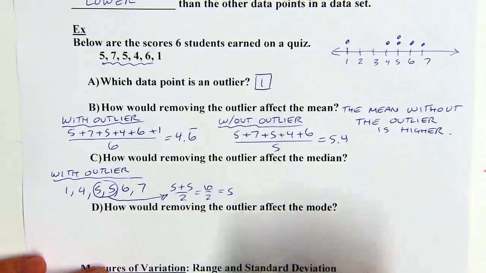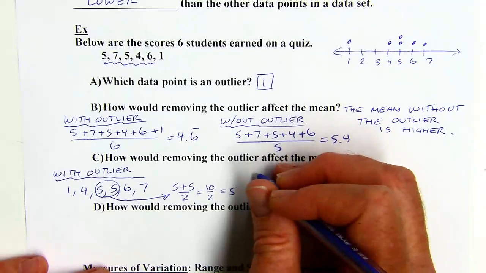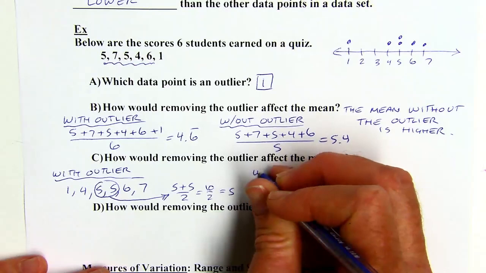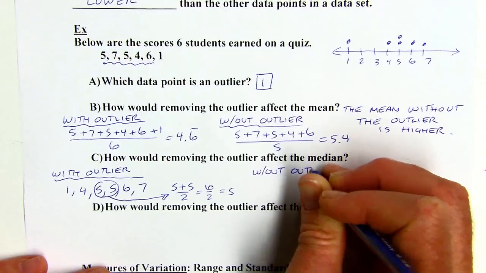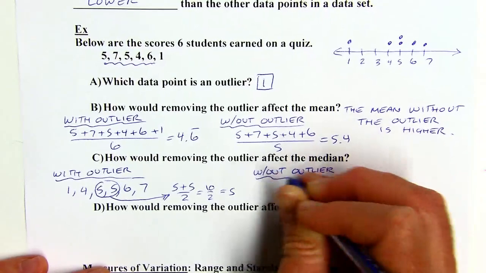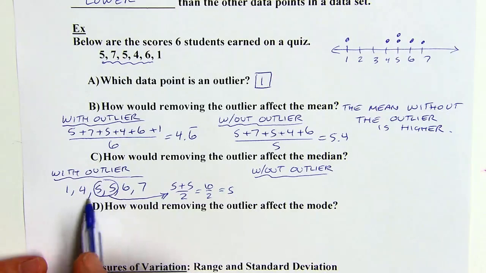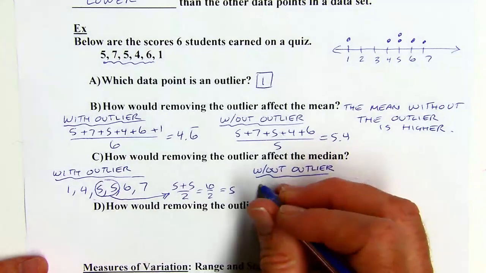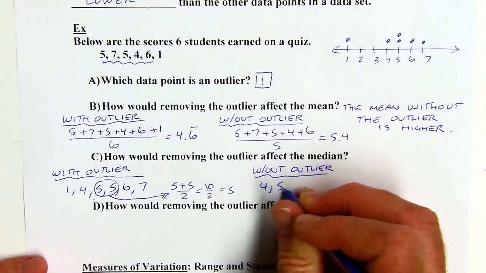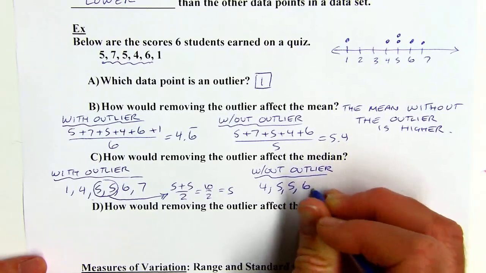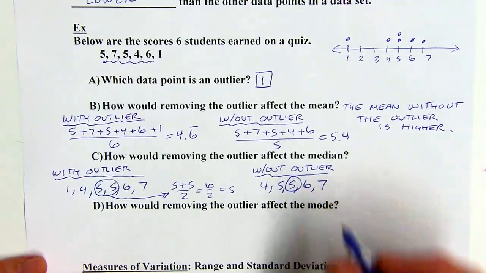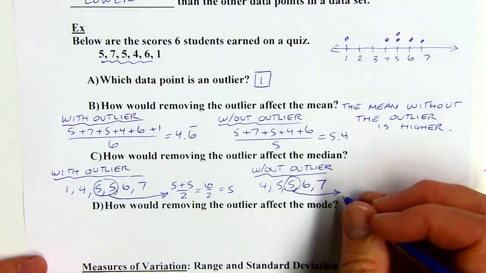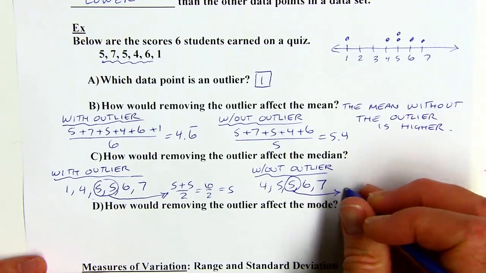Okay, and then let's find it without the outlier. So I'm going to have that same list except with no 1. Okay, so this time the 5 is right in the middle, so that is the mean.